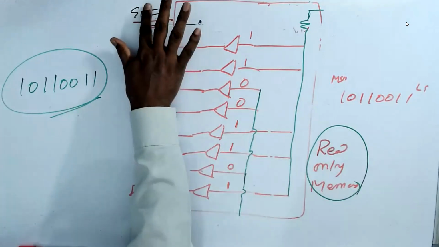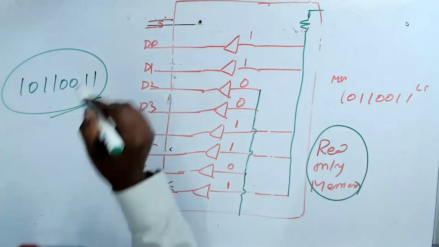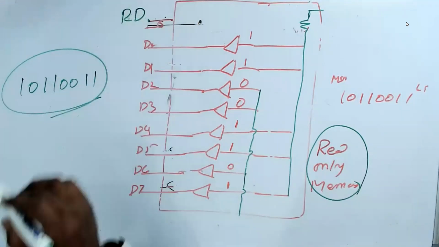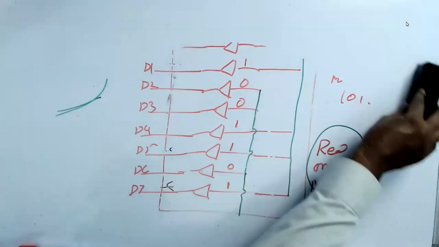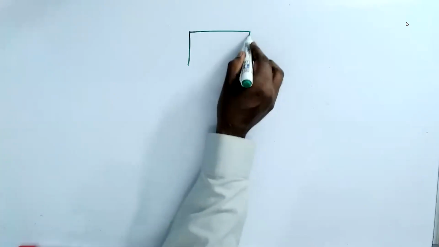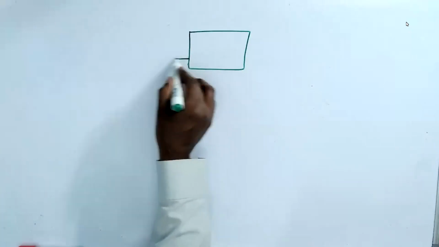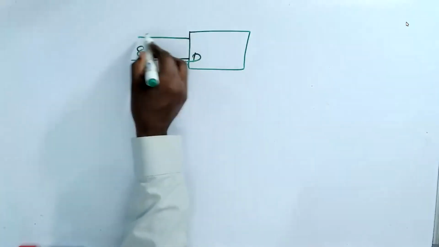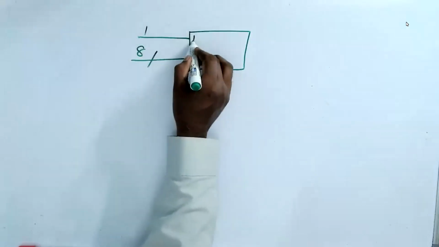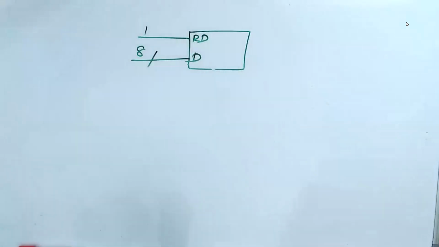And they have changed the name of the signal, enable, to read. So if I draw this as a small block, I have a block which has data, 8 wires, and they have a read. That's it.